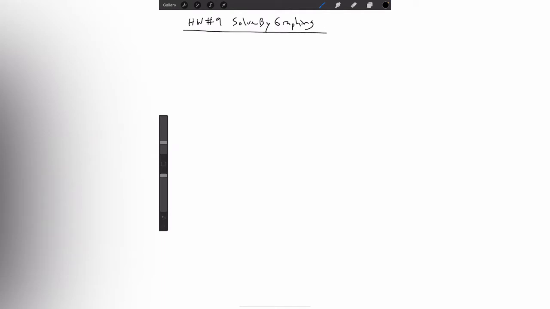Okay, so we're going to start off by looking at two variable inequalities. And if you remember, our inequalities that we work with are less than, greater than, less than or equal to, and greater than or equal to.